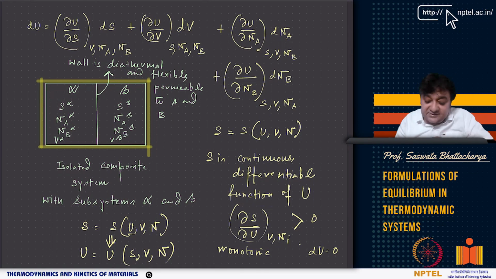You have again the subsystems, but here what we are saying, please note this, is slightly not intuitively clear immediately, this approach. What we are demanding now, if I start with dU, is that you have S alpha and S beta for the alpha and beta subsystems, right?